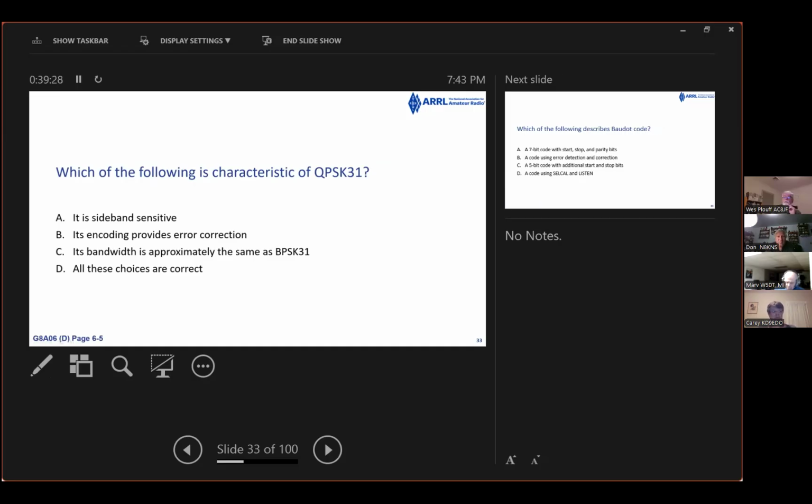There's a difference between error detection, where you can tell that you didn't receive something correctly, and error correction, where there are enough extra bits being sent that you can fix the most common errors. For instance, if one bit happens to get clobbered, or if there's fading briefly.